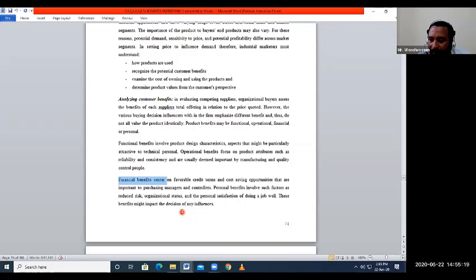If you purchase the product, what benefit are you going to get from the company in terms of finance? So this will reduce the risk, or this sometimes increases the personal satisfaction of the purchaser. So in this case, we have to consider the financial benefits of the product.